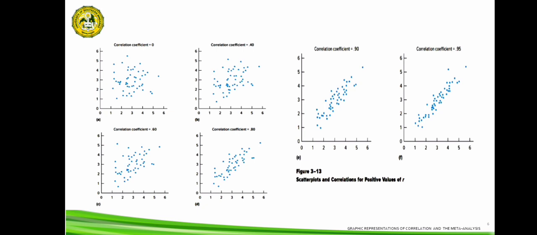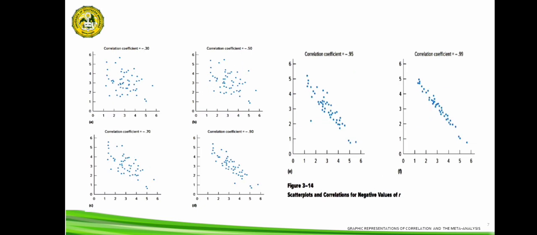And then for the last image, we can see that the data points have formed a straight line. That means that it has the highest strength of magnitude.